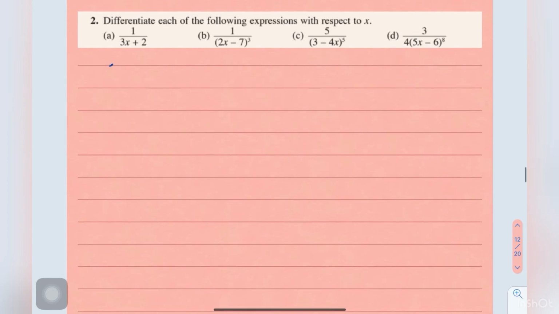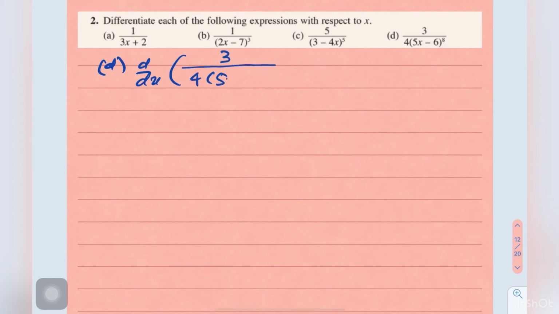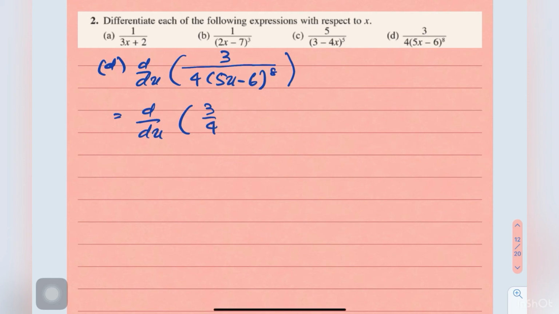D, differentiate 3 over 4 (5x minus 6)^8. Okay, so we move up first. Here 3 over 4 is a constant. Here (5x minus 6) to the power of negative 8. Okay, so then we differentiate.